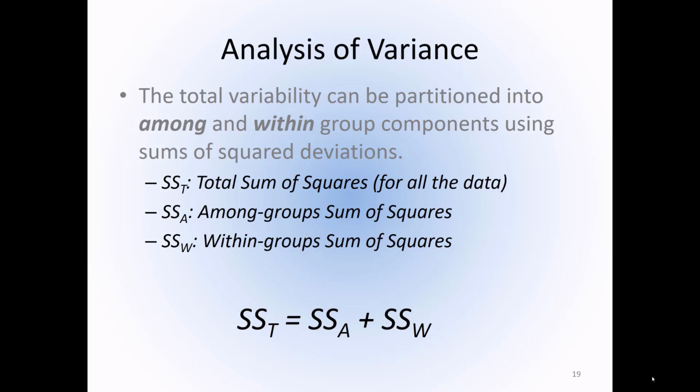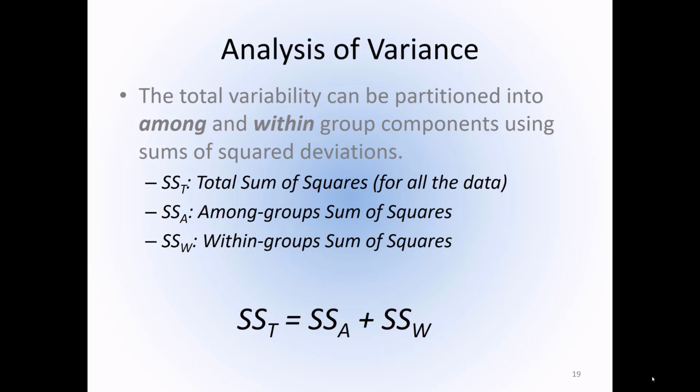The first of which is the total sum of squares, so this is for all the data, and then we have our sum of squares for among groups and our sum of squares for within groups, because we're interested in the variance of these two components. And the sum of the among group sum of squares and the within group sum of squares equals the total sum of squares.